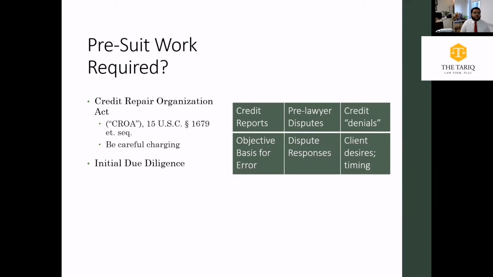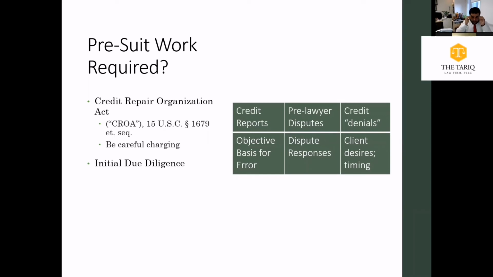And this is one of the reasons why our firm, Tariq Law, doesn't charge anyone out of pocket for any of our services. Under the Fair Credit Reporting Act and the Fair Debt Collection Practices Act, it's a fee shifting statute, so we're able to bill our normal hourly rate.